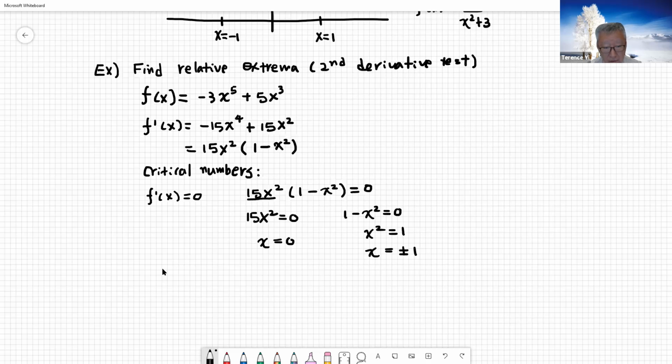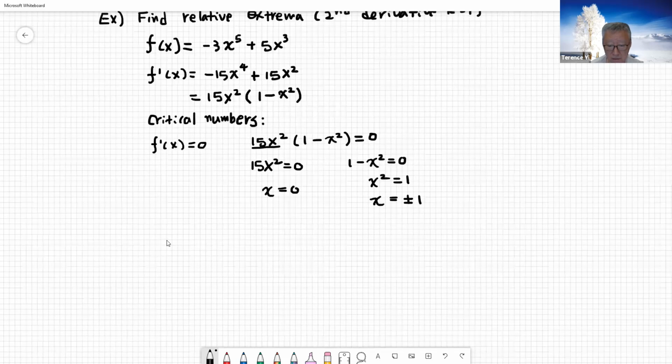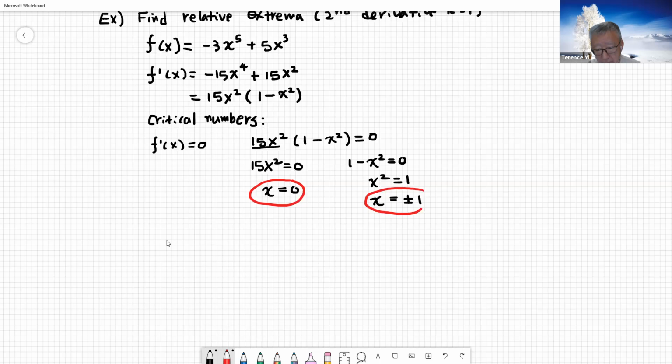Now, what we are saying here is that at these critical numbers, we're going to determine whether it is a relative minimum or maximum by plugging these critical numbers back into the f double prime of x.